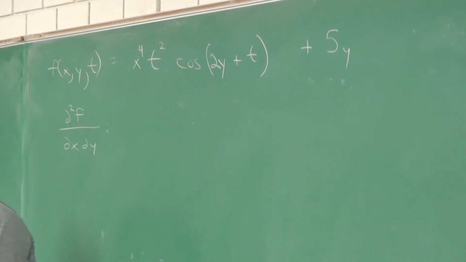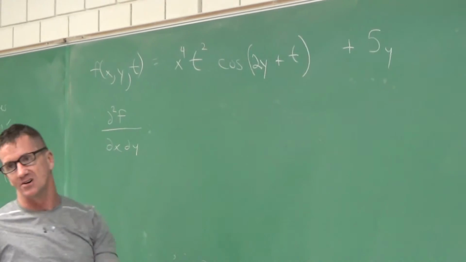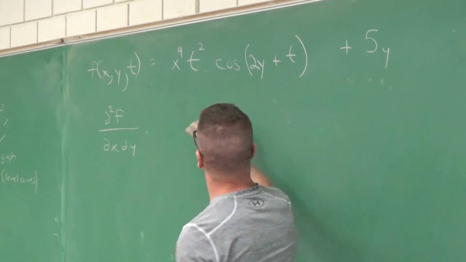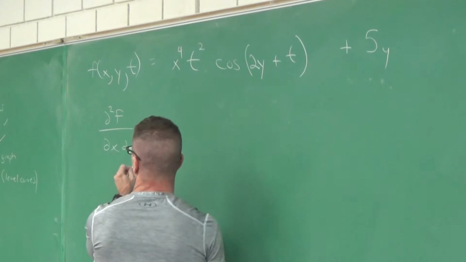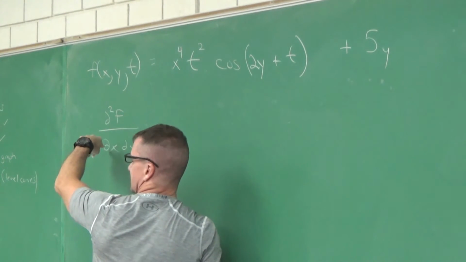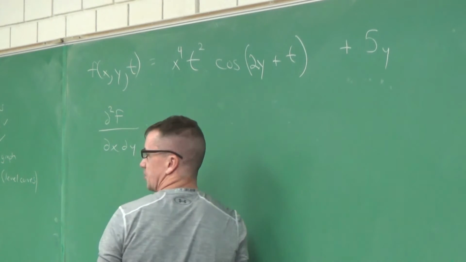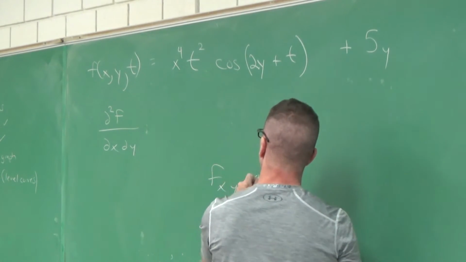But I have it in another notation. So let's talk about that notation. This is what we're going to find for that function of x and y and a variable t. So this looks weird, doesn't it? See this notation? This is a second partial derivative. But is this fxy or is it fyx?